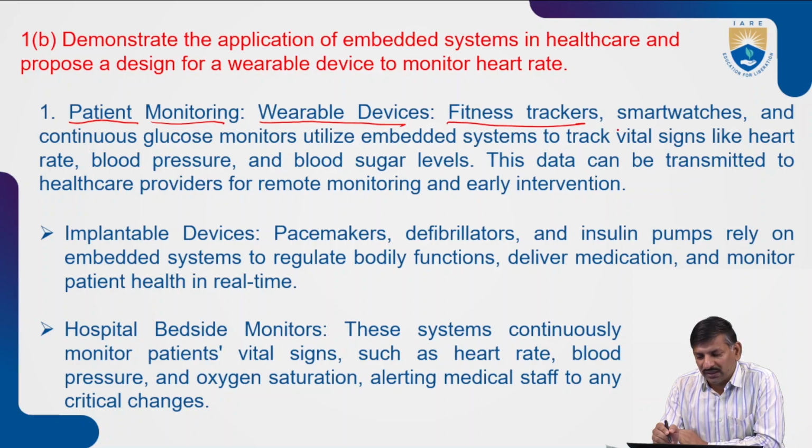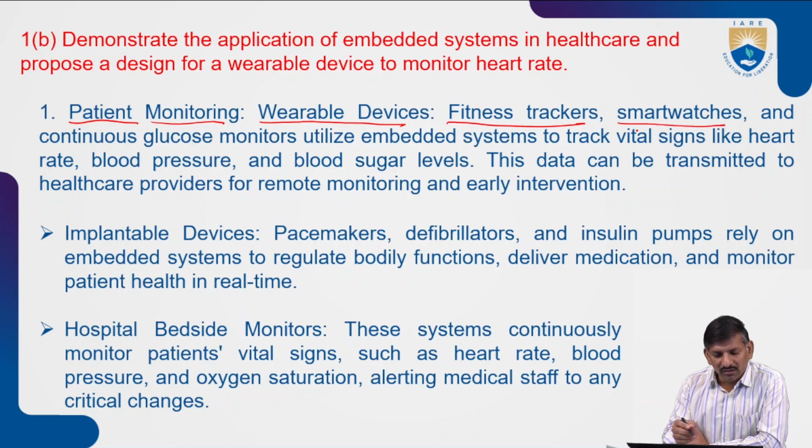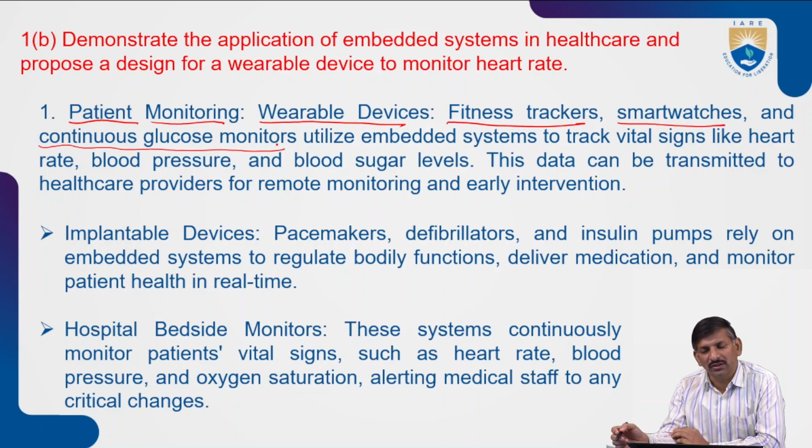Smart watches and continuous glucose monitors, used to check the sugar. Continuous glucose monitors utilize embedded systems to track vital signs like heart rate, blood pressure, and blood sugar levels.